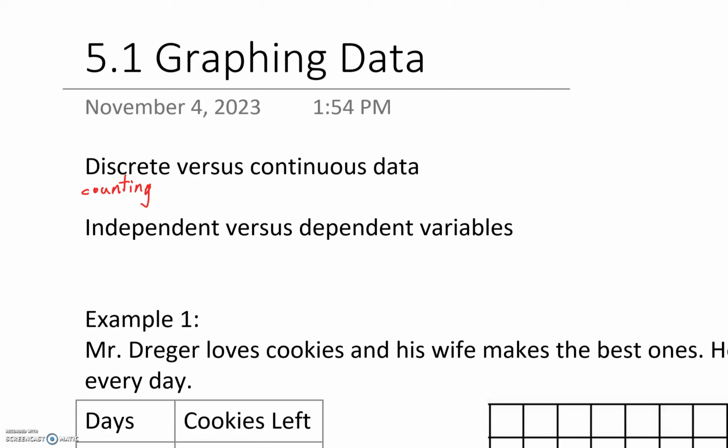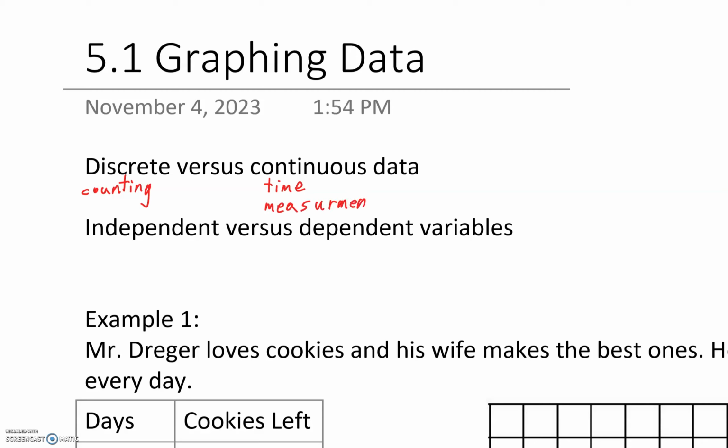Well, continuous data is any data where you aren't really counting and you can keep cutting it in half over and over and over again. So things like time is continuous. Measurements of all sorts are continuous.